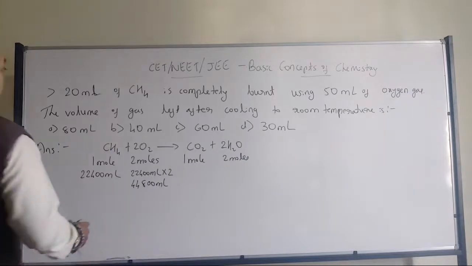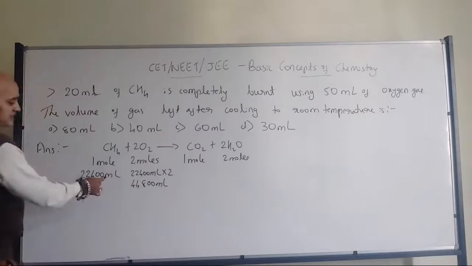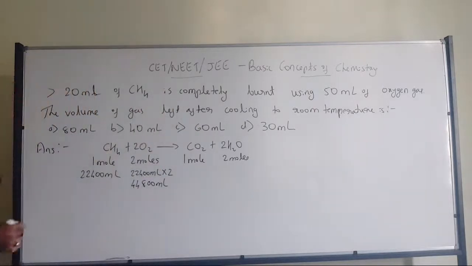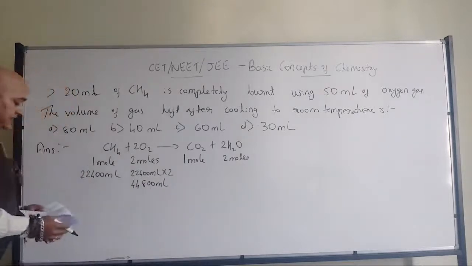Now what we have to do next? So why we have written ml? Why not in liters? Because the question they have asked is 20 and 50 ml. So that's why even these things we have written in ml.